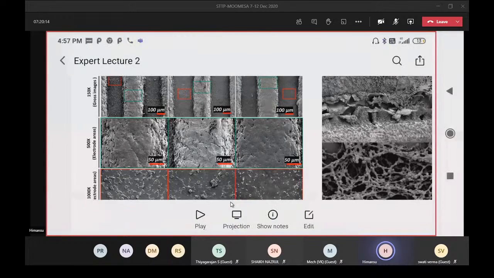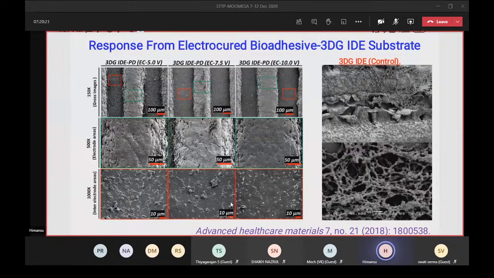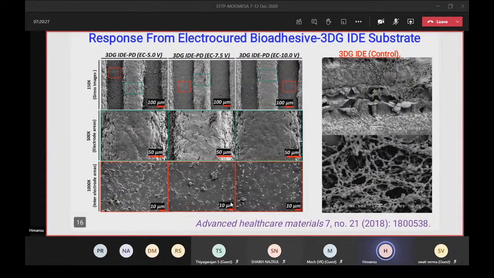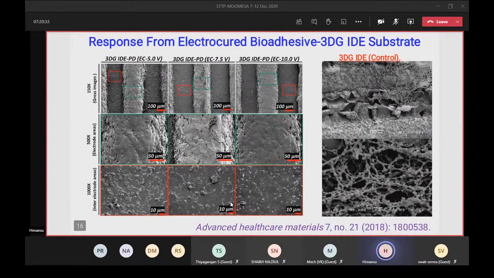With the increase in voltage, at 1000x you can see the number of platelets adhered decreasing. It directly indicates that when this biocompatible ink is mixed with the PMMG diazirine, it creates a directly anti-platelet formulation.